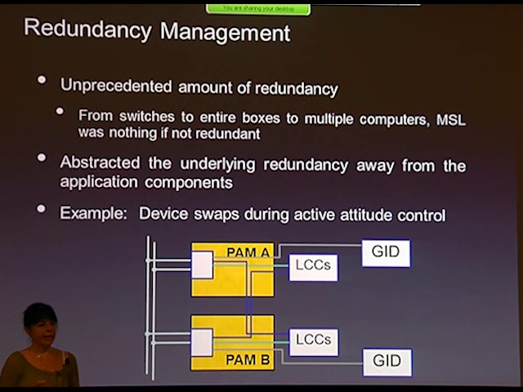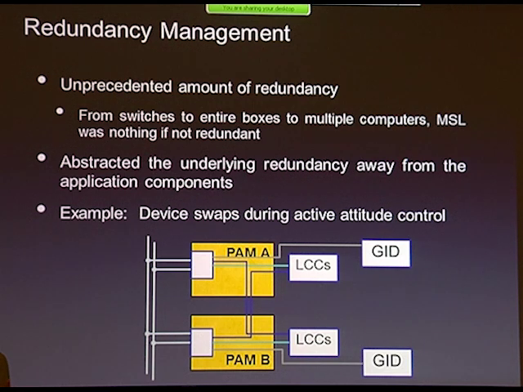All right, and so we had a piece of software at this lower level, at the EPS level, that avionics layer, that actually managed device swaps. One of the things that we needed to be able to swap were the power analog modules. These are huge boxes.